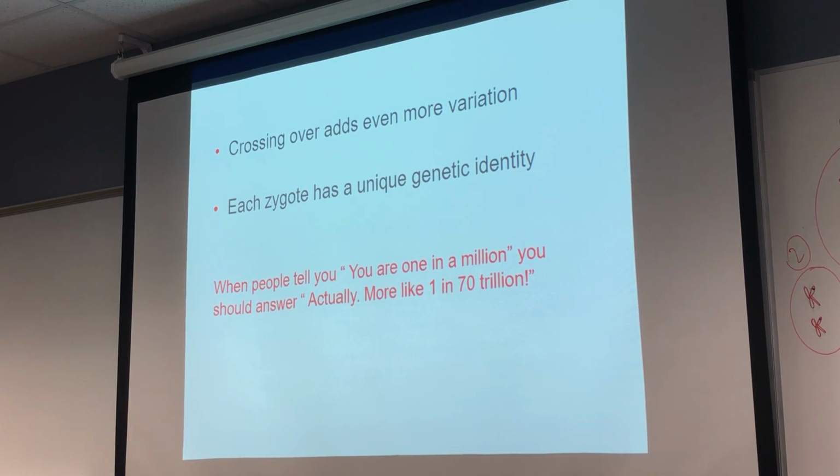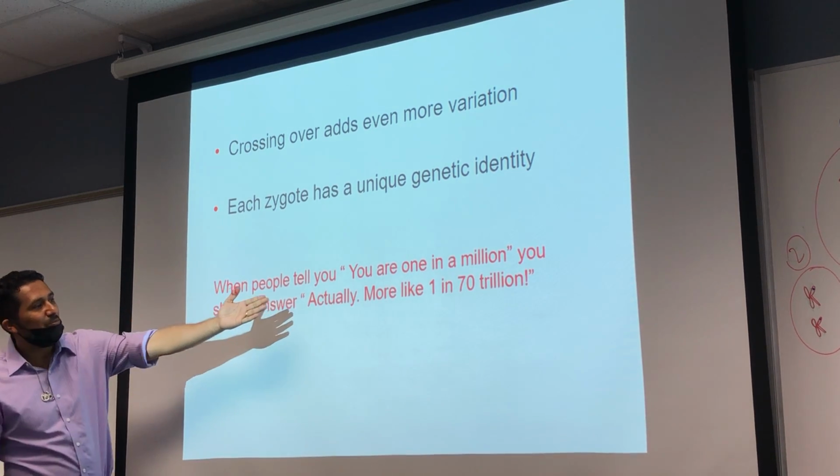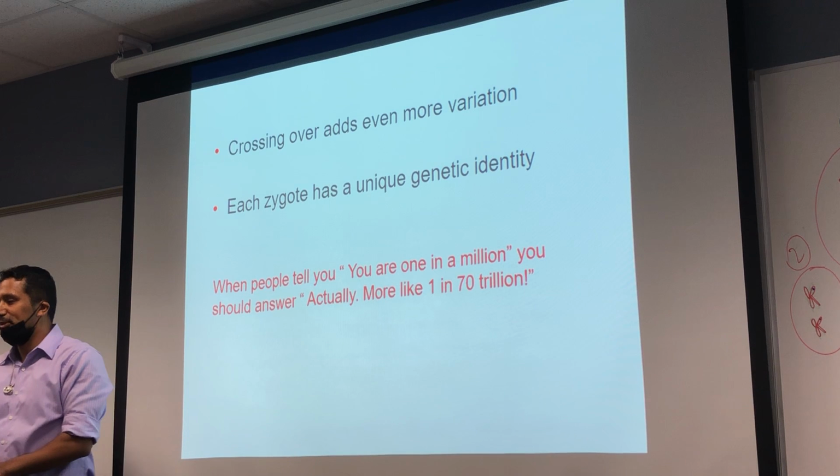At the end, that adds up to possible combinations of around 70 trillion. So each person has a unique genetic identity. So yeah, you are 1 in 70 trillion, right?